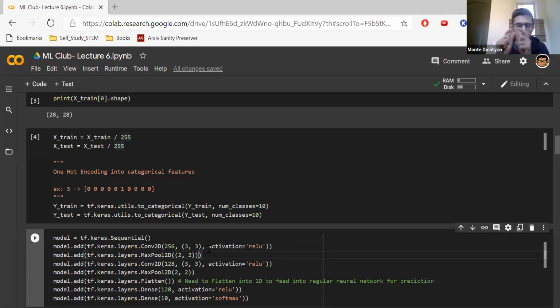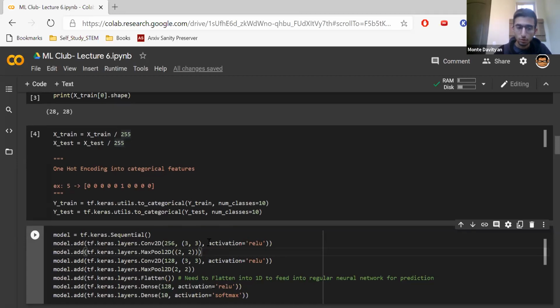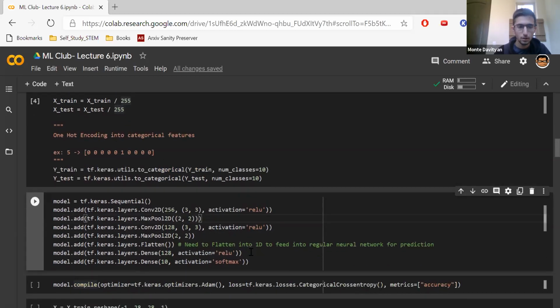And so it's going to be convolving through the 28x28 image data, but taking a 3x3 subset of that entire image data. And just like our regular neural network, we have an activation. Most commonly, and this is relatively fast, it's a ReLU activation.